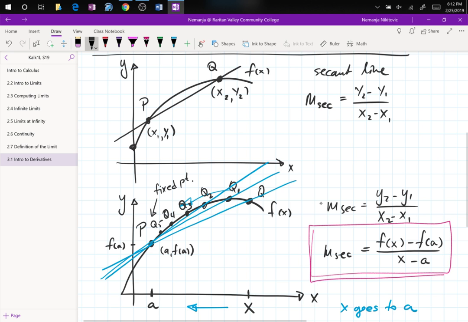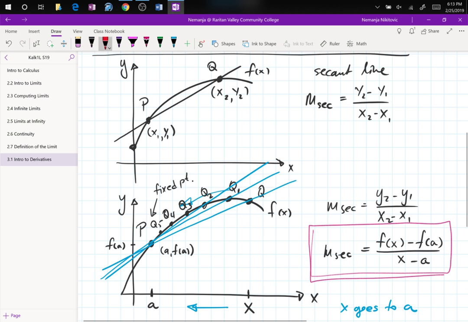So this is our official m secant, using just algebra, written in the language of functions, or pre-calculus, right? Where you have f of x minus f of a over x minus a. So that is nothing new. You know how to compute the slope of the line when you have 2 points.